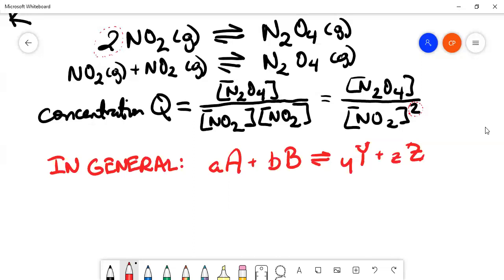And these superscripts are represented by little a, little b, little y, and little z.